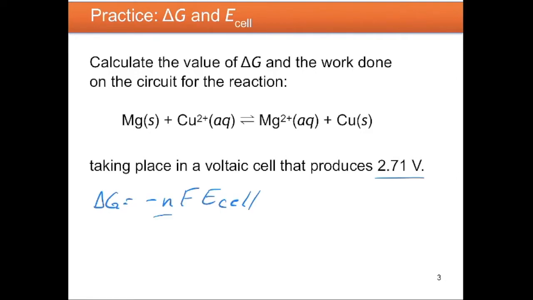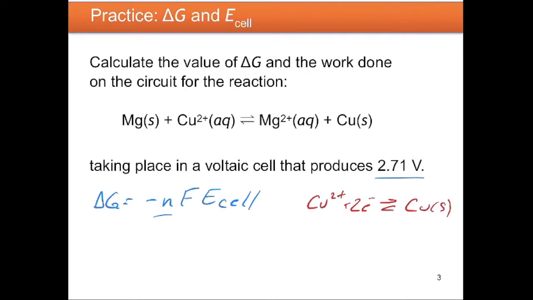So we can split this reaction up into a magnesium half reaction and a copper half reaction, and then we can add electrons to whatever side is necessary in order to balance the charge. So if we were to write a copper reaction, we could write copper 2+, and that's going to make copper solid. And in order to balance the charge, we would have to add 2 electrons to the reactant side.